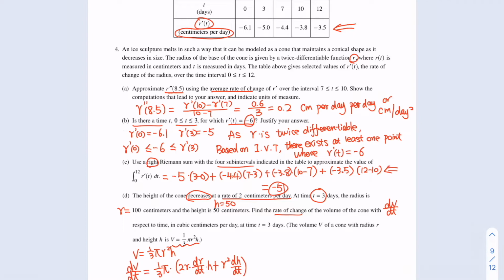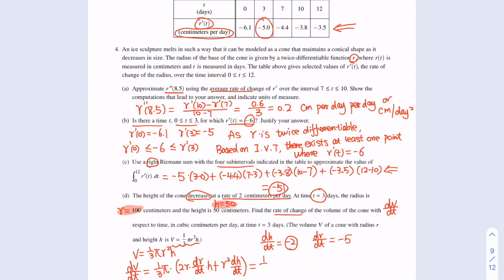Right now, we just need to plug in all the values. r equals 100, h equals 50, and dh over dt equals -2 here because it's decreasing. And dr over dt at t equals 3 is -5. We plug everything in.